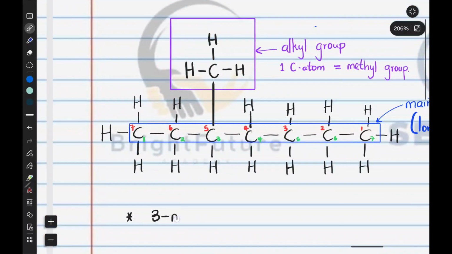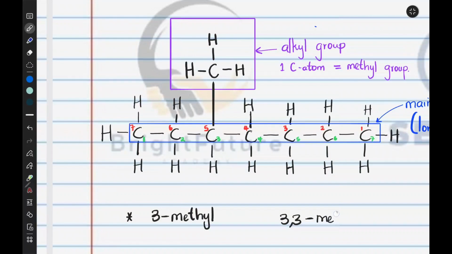So it's our methyl group, this one, methyl. Okay, so that's another rule. Whenever you now start writing the final name, numbers, you separate numbers from each other using commas. For instance, 3, 3. And then you separate numbers from alphabets using dashes. For instance, methyl in my case.